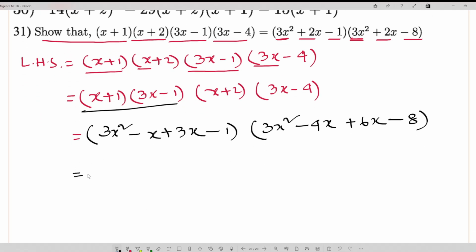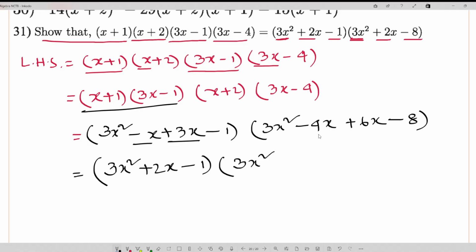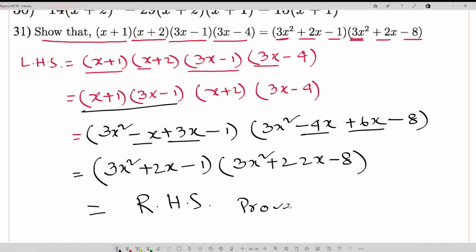Now look, very interesting thing, 3x square minus x plus 3x, it will become 3x square + 2x minus 1, and here is 3x square minus 4x plus 6x, it will be 3x square + 2x minus 8. And look, this is our right side. So it's proved.